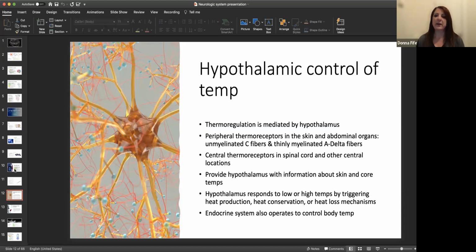And these provide the hypothalamus with information about the skin and the core temperatures. So those thermoreceptors are telling the hypothalamus what's going on in the body. The hypothalamus responds to lower high temps by triggering heat production, heat conservation, or heat loss mechanisms. And the endocrine system also operates to control the body temperature.